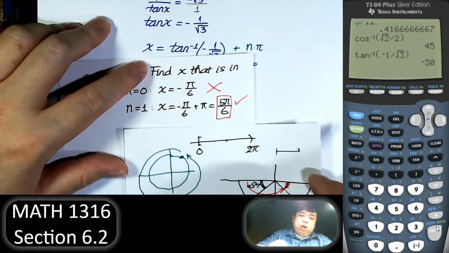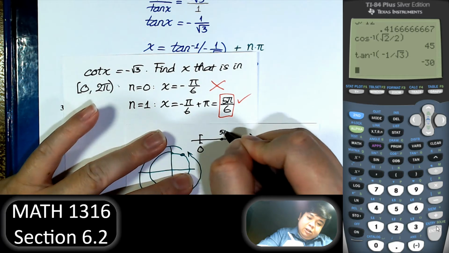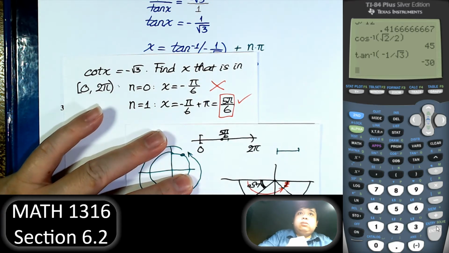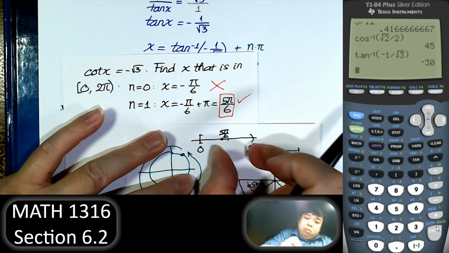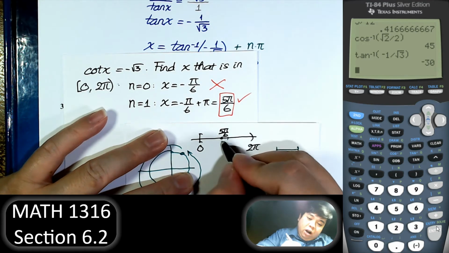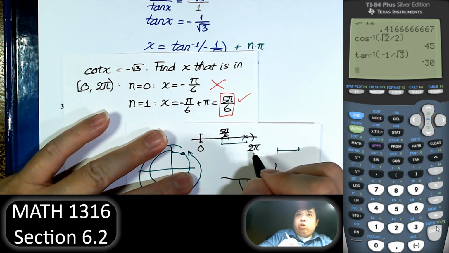One of the solutions we have is 5 pi over 6, and the solutions will be 1 pi apart. So if we add a pi to it, it still is within 0 and 2 pi.